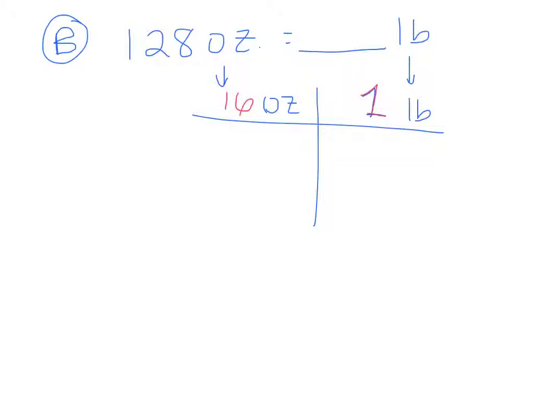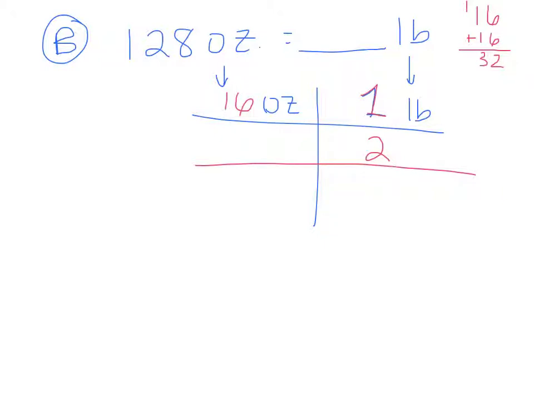So if we extend our table down this way, I've got 2 pounds is equal to how many ounces? Well, let's start making our list of 16s. 16 plus 16. 6 plus 6 is 12. 1, 2, 3.